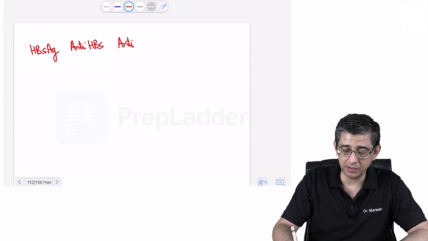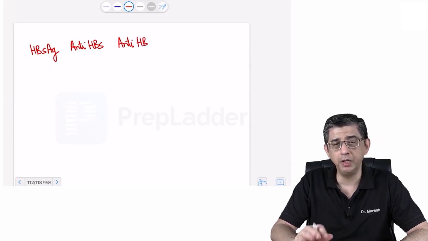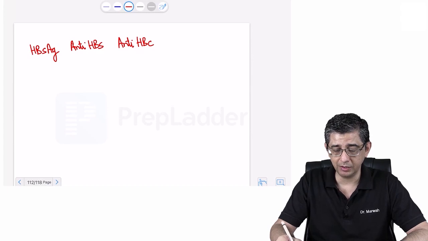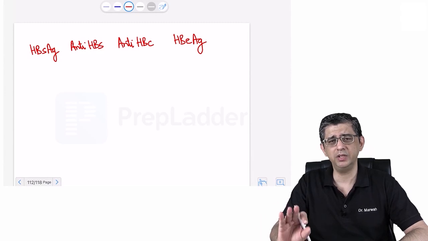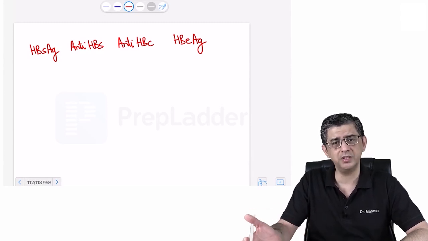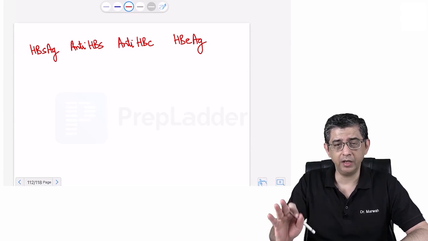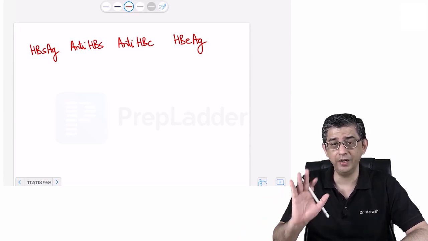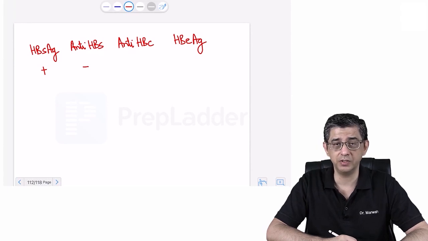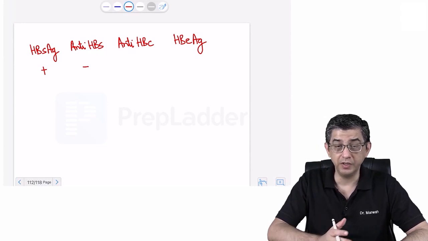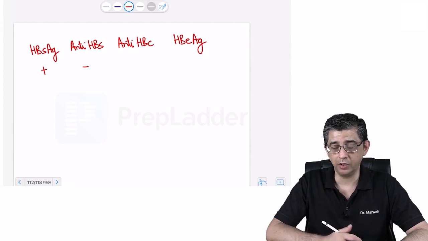The battery of tests that I'll be writing for this patient will be a minimum of at least 4: 2 antibodies, against the surface antigen and the core antigen, and then 2 antigens, surface and the E antigen. I can also write antibody for the E antigen, but to make the discussion simple and straightforward, I am taking into consideration the ones that really matter. So possibility number 1 is the initial report of the patient that he turned surface antigen positive, but in the early weeks of infection, the security system has not appeared.